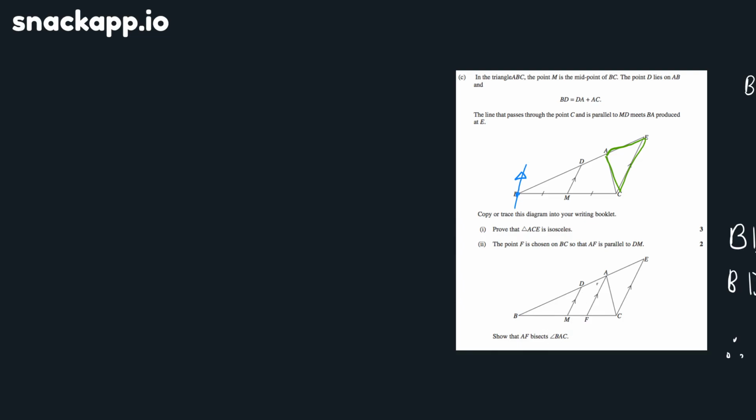So if that's the case, we can say that those two angles are equal. That's what we're trying to show here. Where we would start, because we're thinking about angles, is that DM is parallel to FA, which is parallel to CE. That's given to us.